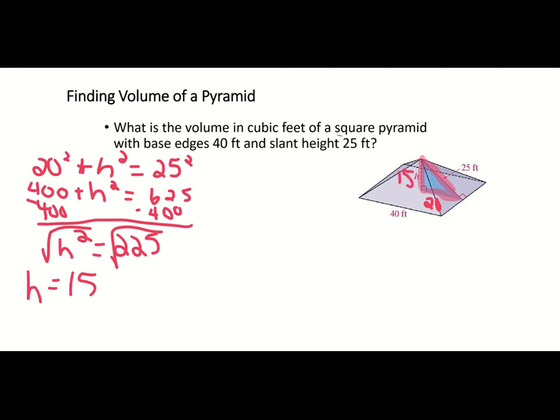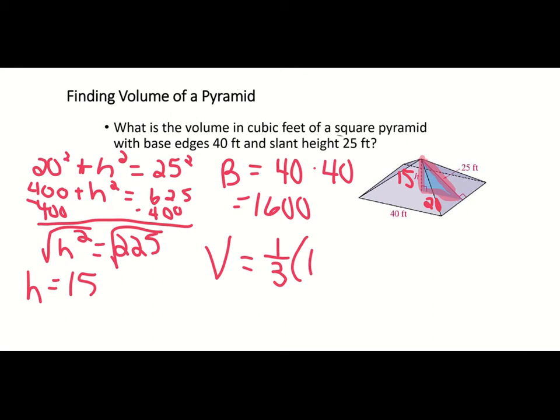I do need to find the area of the base. So the base is the area of our square, so we're going to do 40 times 40, which is 1600. So now for the volume, we're going to do 1/3 times our base of 1600 times our height of 15.